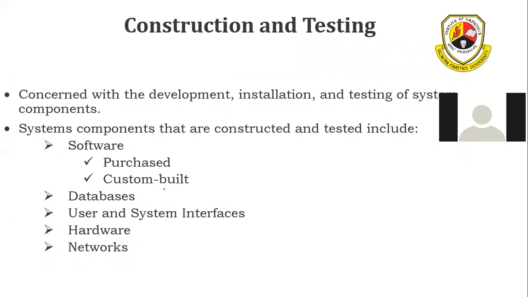This one is a must. You go through construction and testing of the software itself. You also look at the database, the user interface, the users, the system interfaces, hardware, and network. So all of the components of the system go through construction and testing.